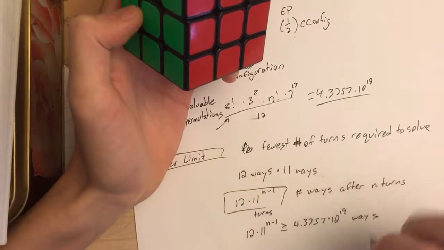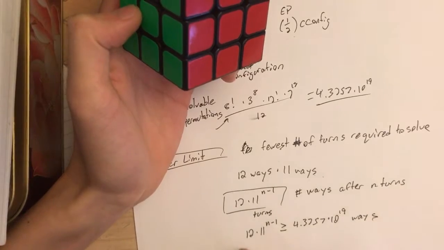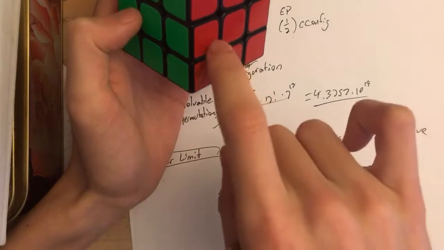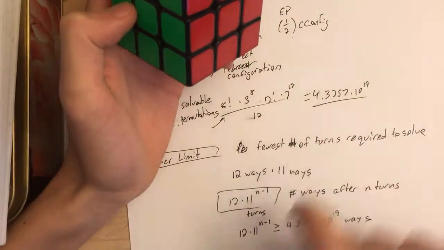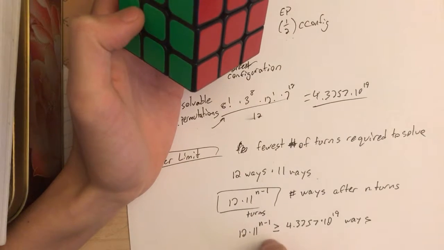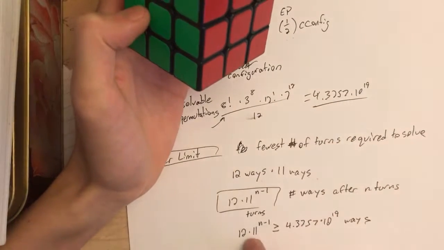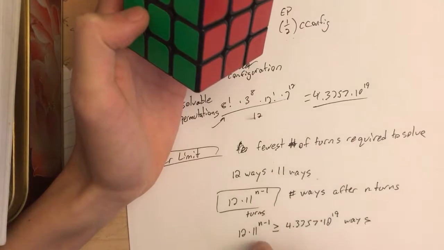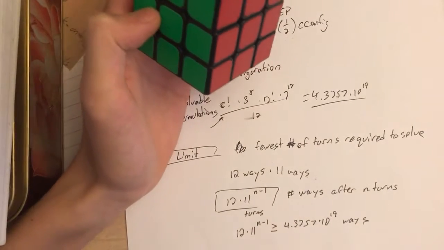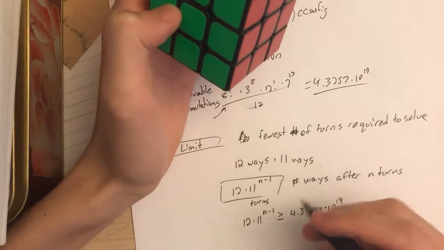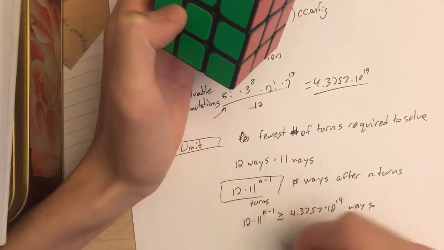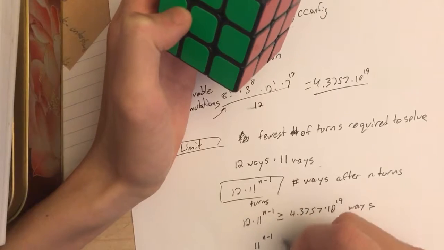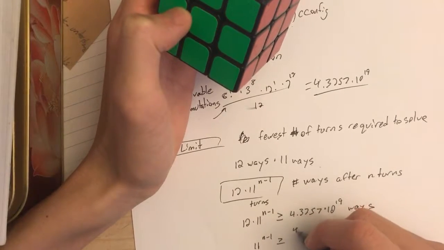So this is the number of ways that the Rubik's Cube is configured after n turns, the number of configurations. And this is the actual number of configurations. So if we get n, we can find the lower limit for the number of turns on a Rubik's Cube. So if we solve for n right now, so 11 to the n minus 1, let me just solve it.